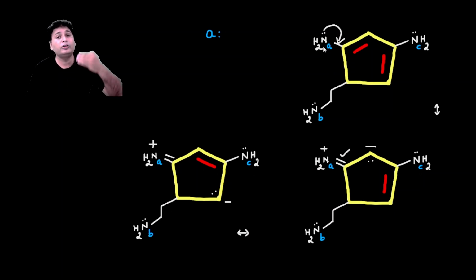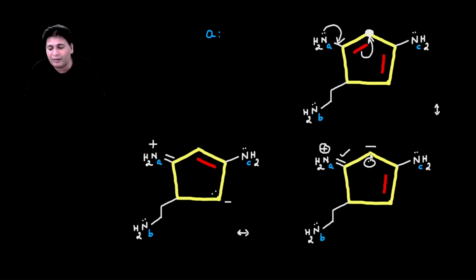As the electrons are going away from nitrogen, a plus charge will come on nitrogen, and simultaneously these pi electrons are going to sit over this particular carbon, and will be seen as a new lone pair on this carbon and a minus formal charge.